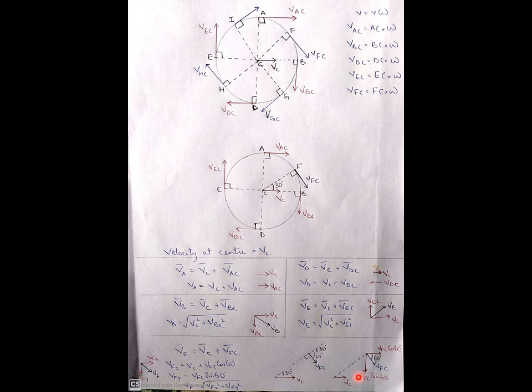Now to find the velocity at the point F, for the inclination case, there will be x direction as well as y direction. So velocity of F in x direction, what all are the velocities in x direction? It is VC plus VFC cos 60. Now what is the velocity in y direction? It is VFy equal to VFC sin 60.